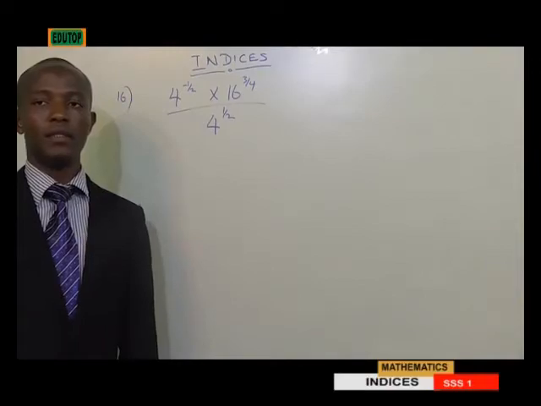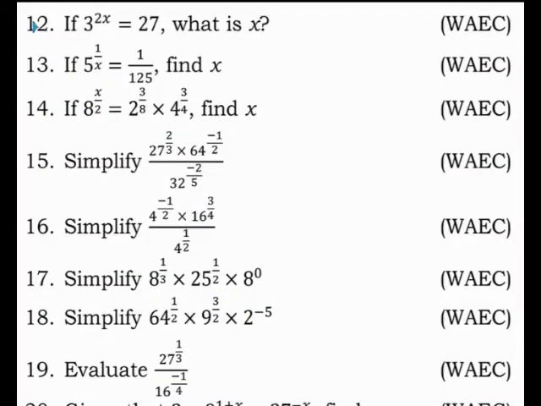Example number 16. Simplify 4 raised to power minus 1 over 2 times 16 raised to power 3 over 4, all divided by 4 raised to power 1 over 2.